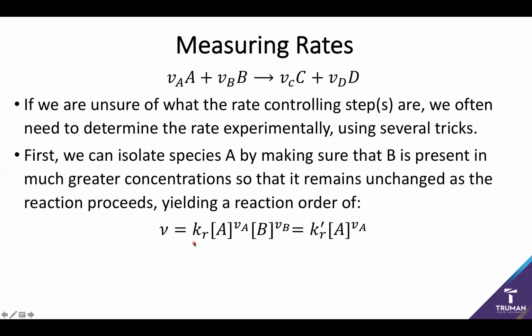And so now instead of using the true rate constant, we'll use an effective rate constant. In this case, we'll call it K prime for reasons you'll see in a little bit, where our K prime is going to be related to the real rate constant times the concentration of B to the order of the reaction.